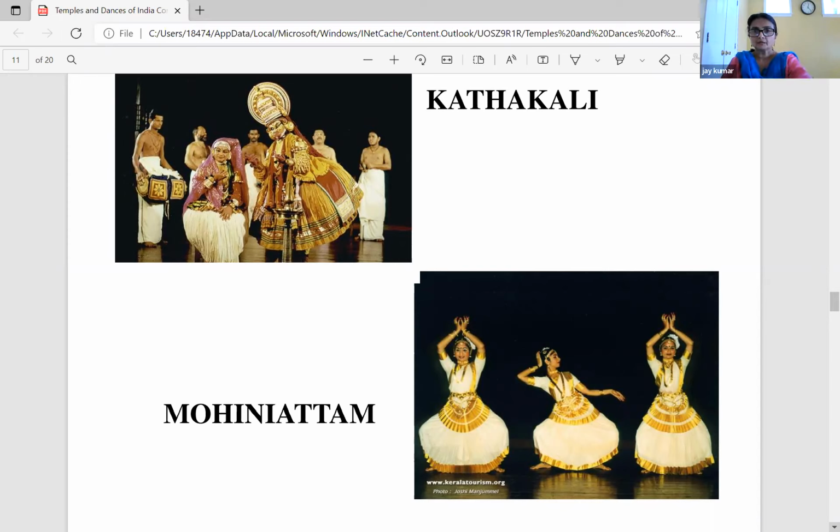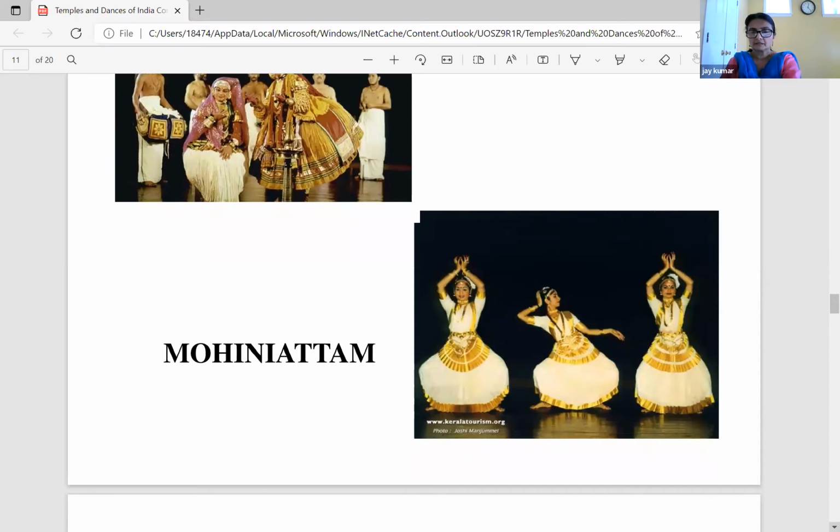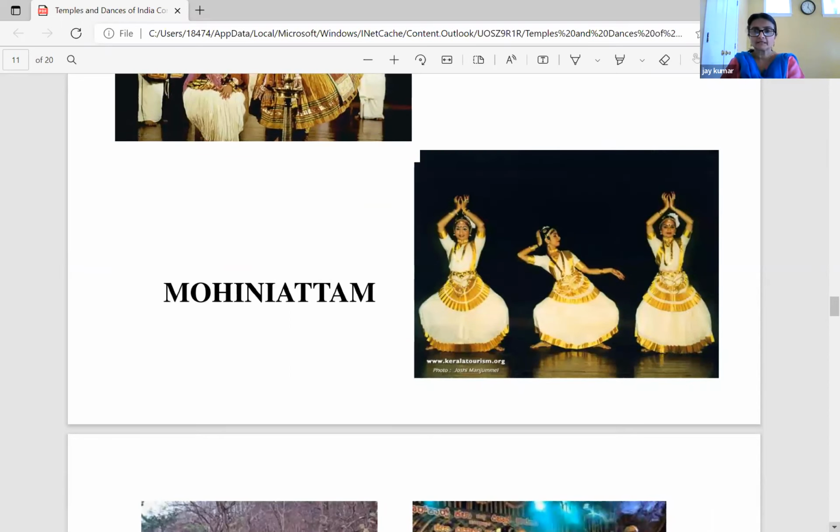On the top, Kathakali, the name of the dance form, only males are allowed to perform, learn, and teach this form of dance. In the bottom, Mohiniyattam, in this form of art, it is only females who are allowed to learn, teach, and perform. Boys are not allowed in the lower form of art, Mohiniyattam. Girls are not allowed in the Kathakali. That's what is unique about them.